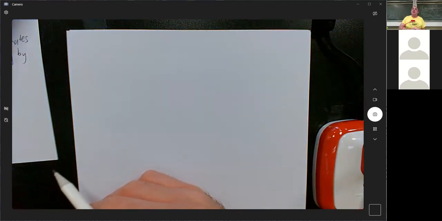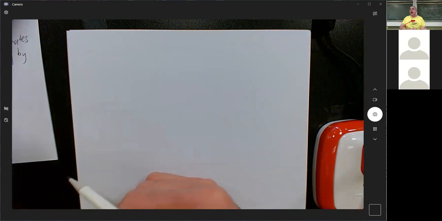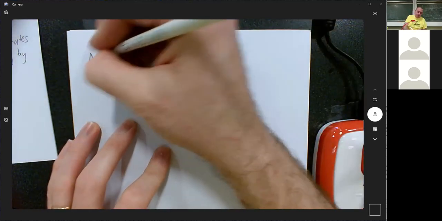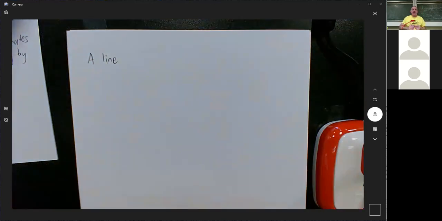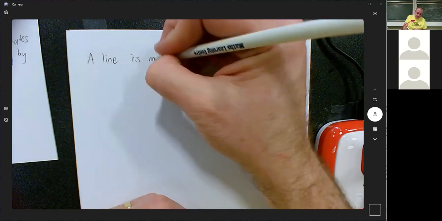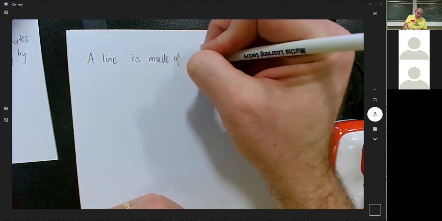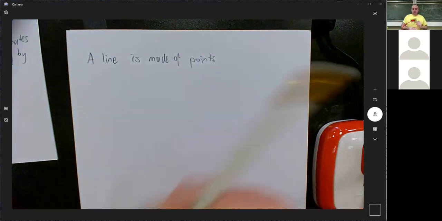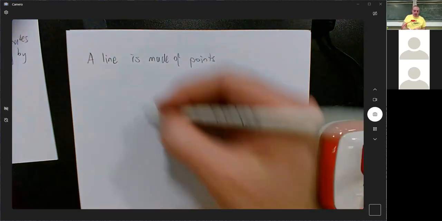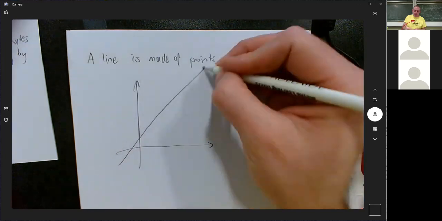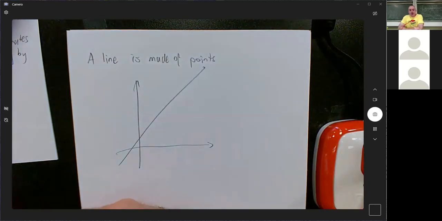One of the classic and most important things to know about the way mathematicians think about vectors is the way to make a line. So a line is a collection of points, locations, and when I draw a line like that, there are multiple ways to tell you how to find the points on that line.